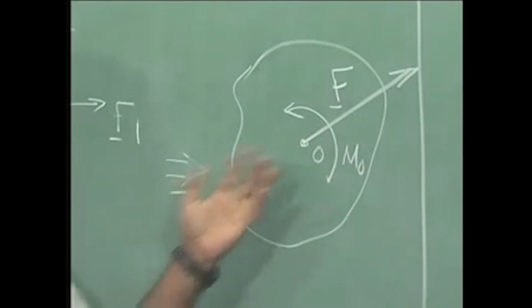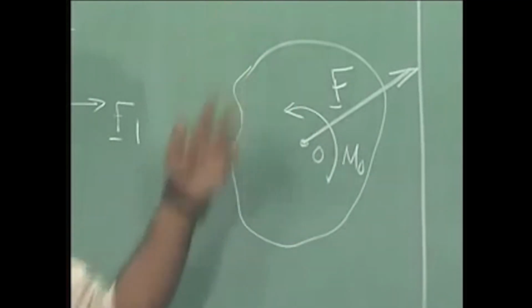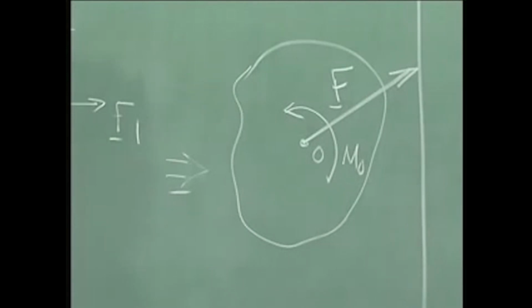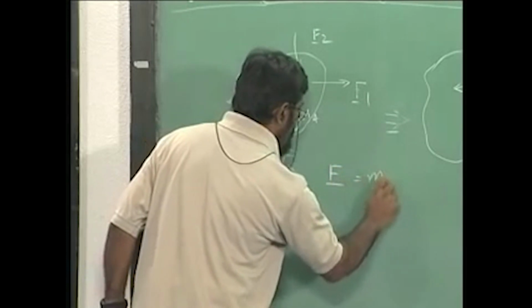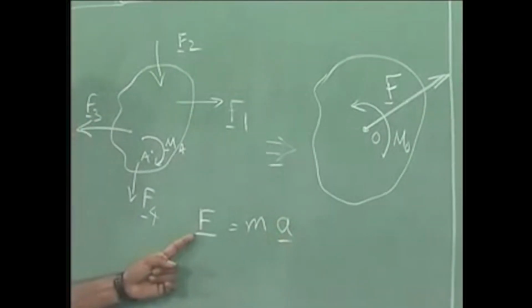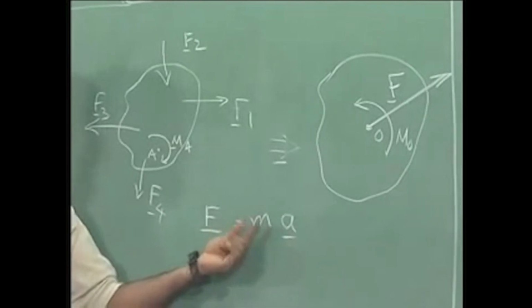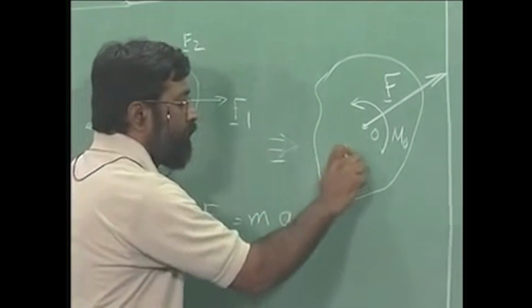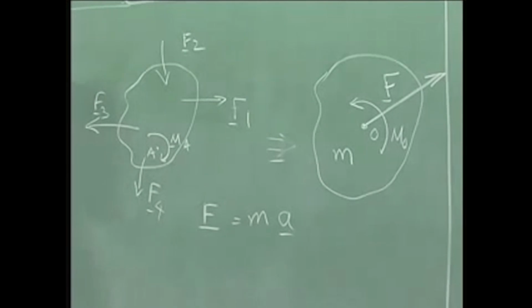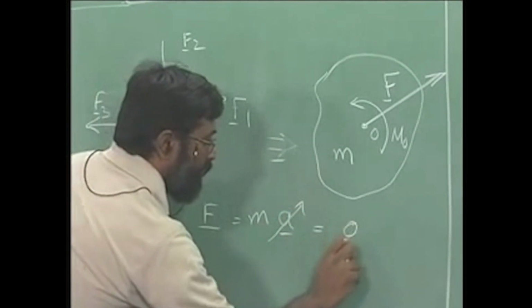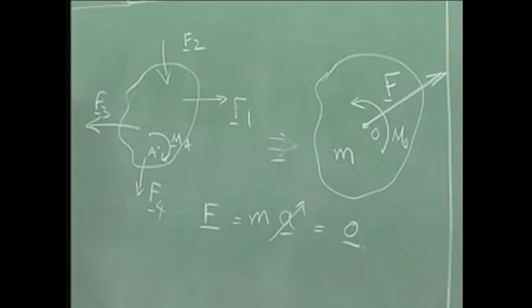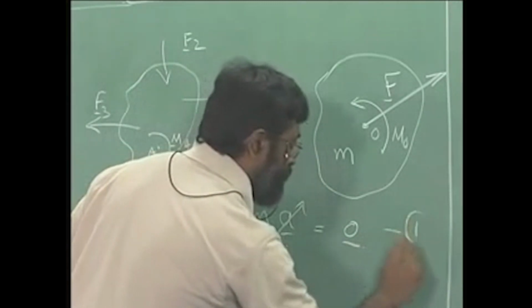It is not moving in the x or y direction, which means those two accelerations are equal to 0, and if we apply the principle F equals m a, mind you I am writing this as vectors, this m is the mass of this particular rigid body. If this is equal to 0, we get F equals 0, and this is one equation.